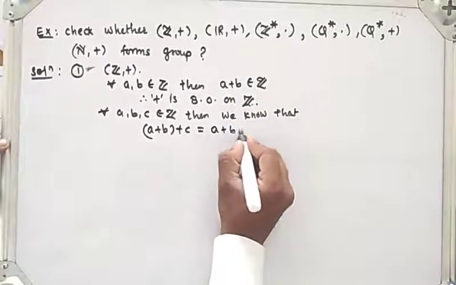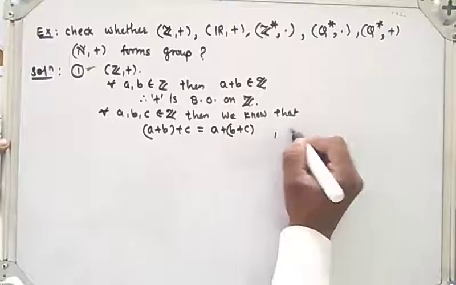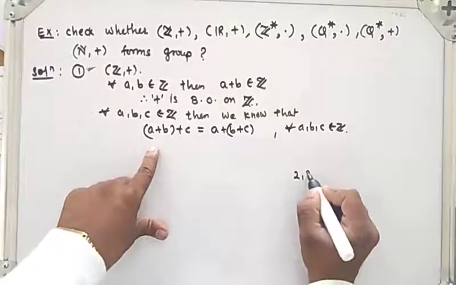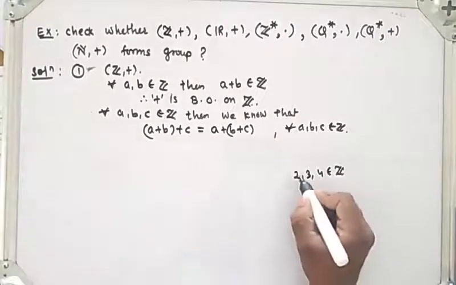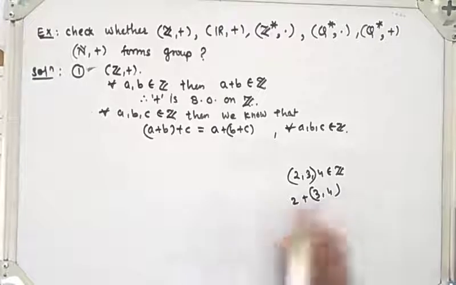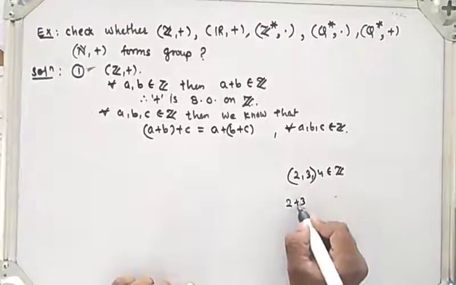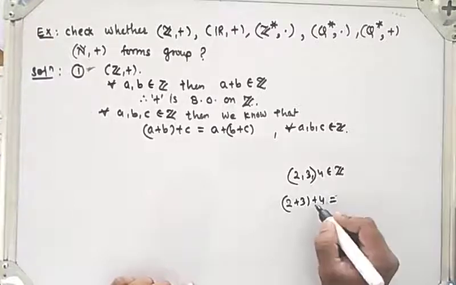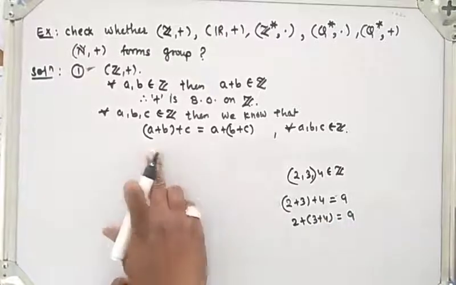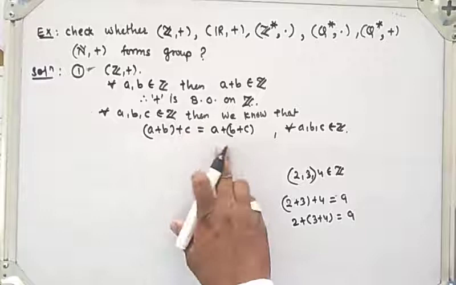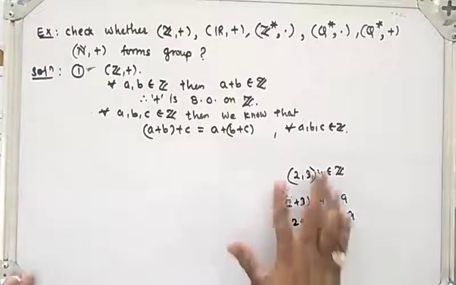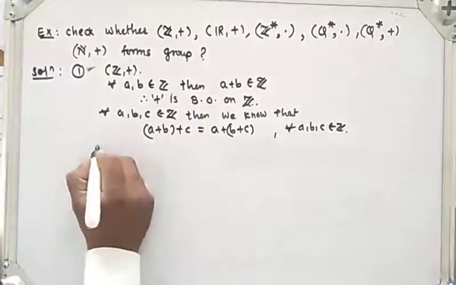If I take any three elements 2, 3, 4 belonging to the set of integers, then (2 plus 3) plus 4 and 2 plus (3 plus 4) have the same value, 9. Means addition is associative in Z.